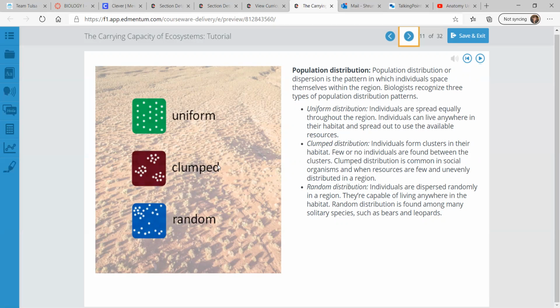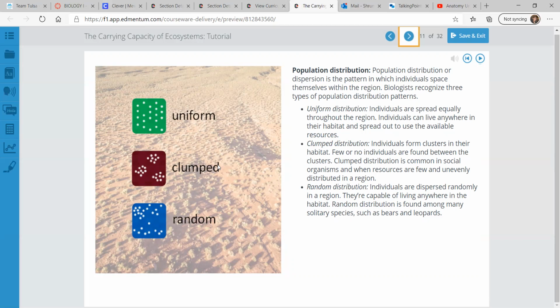An example would be animals or humans that stay near a body of water, where a lot of cities form around rivers or lakes or oceans.